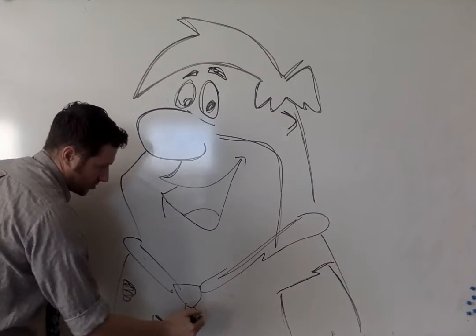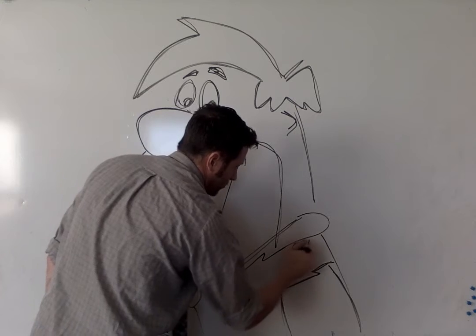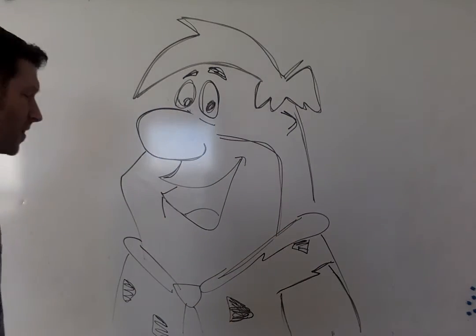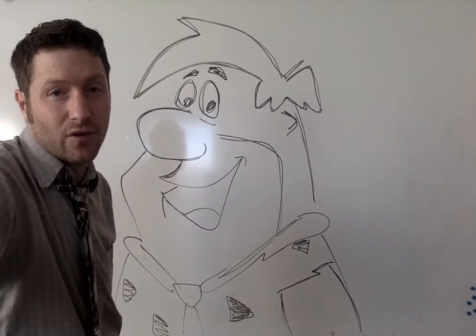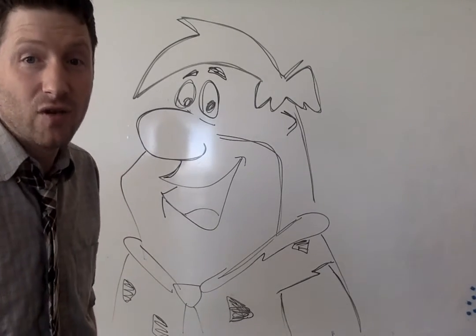I don't know if you guys know this, but Fred, the man himself, was originally scripted to say Yahoo instead of Yabba Dabba Doo. And the guy who was voicing Fred didn't like the Yahoo. He thought it was boring. So he was like, I'm not going to do Yahoo.